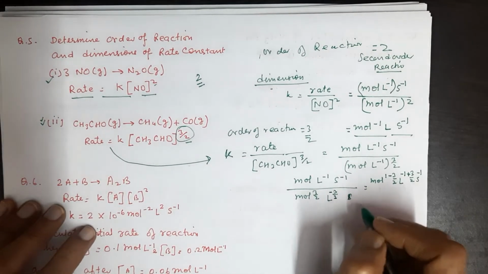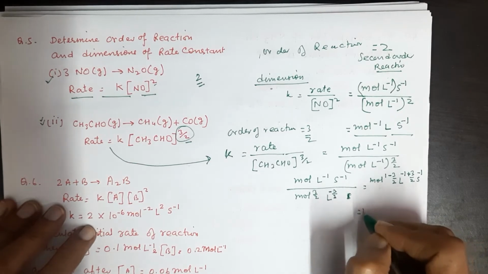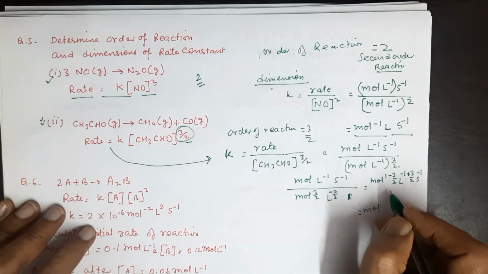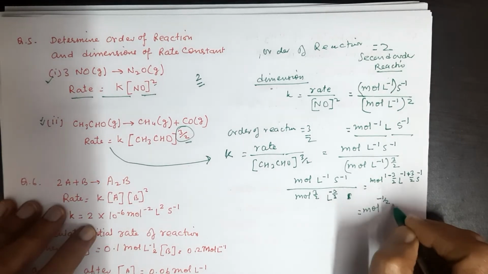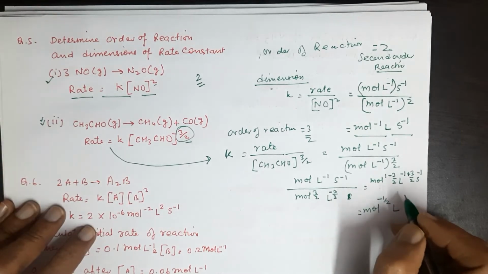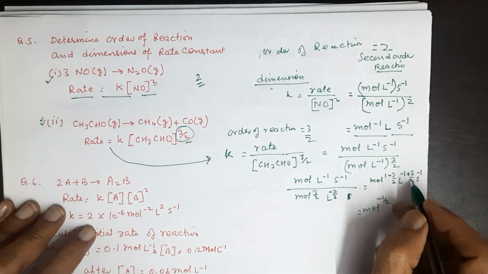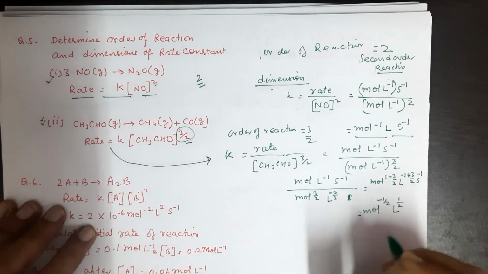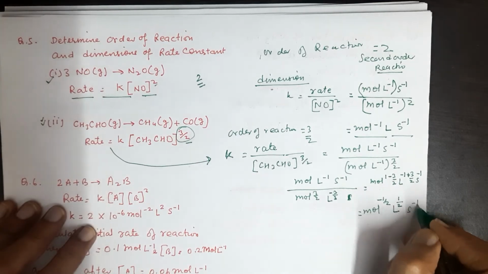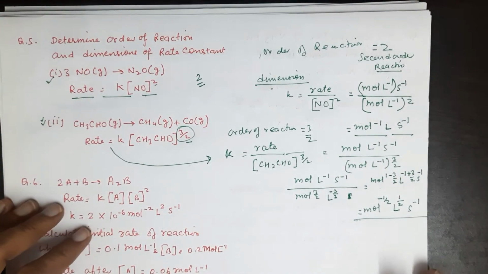So this will be the dimensions of the rate constant.